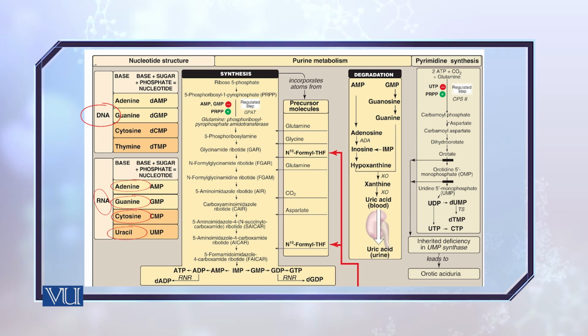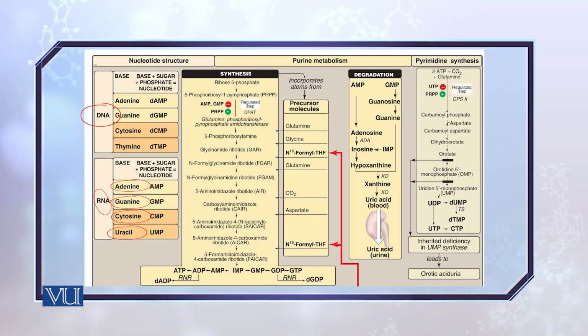We have been studying that there are two major types of nucleotides: purines and pyrimidines. As far as their synthesis is concerned, purine synthesis is a little different from pyrimidine synthesis, in the sense that purine synthesis starts with ribose 5-phosphate.